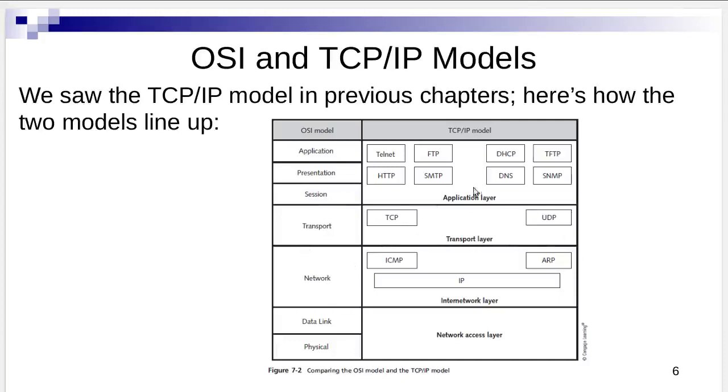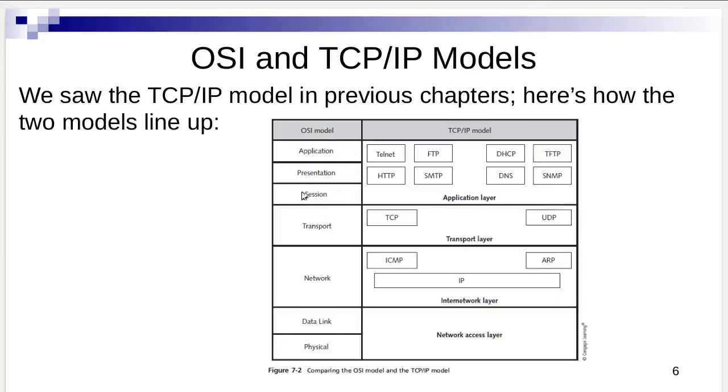And then on top of the transport layer, we talked about earlier how in TCP/IP everything above it is called the application layer, but OSI splits it up, and it has turned out to be a really useful way of thinking about how, for example, web applications or even websites interact with the web server and web browser.